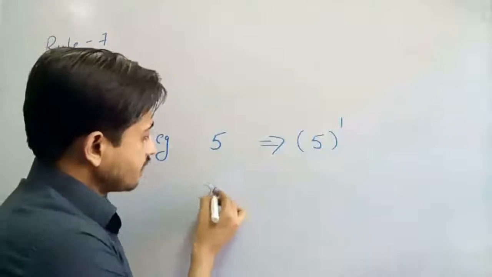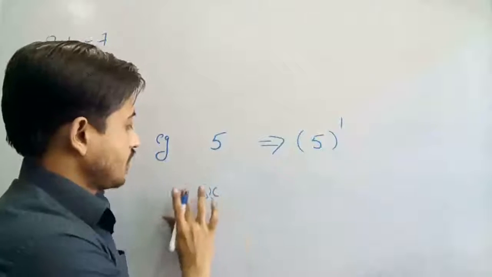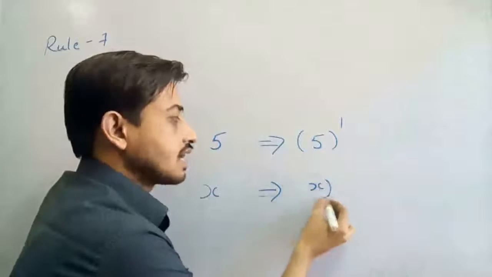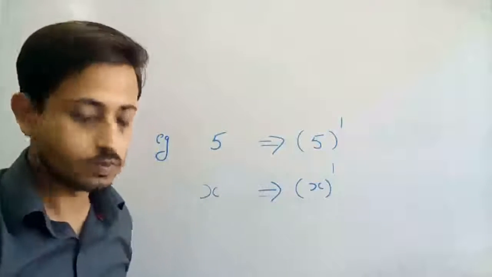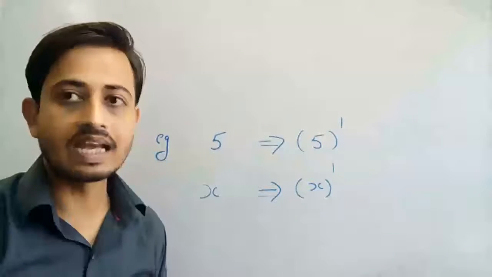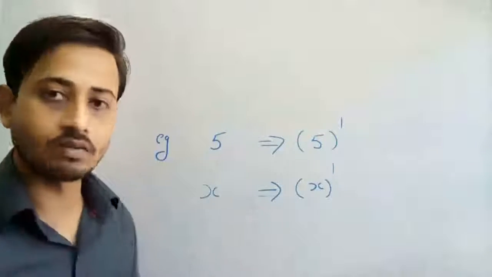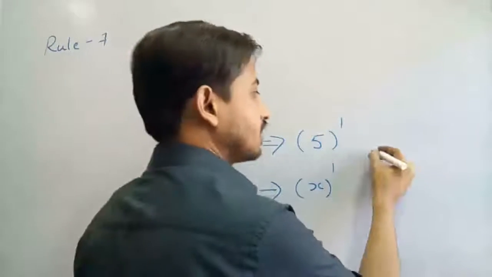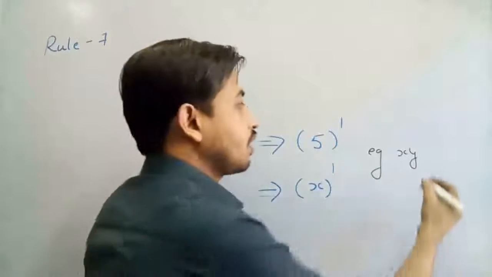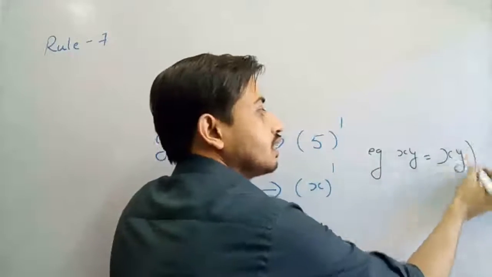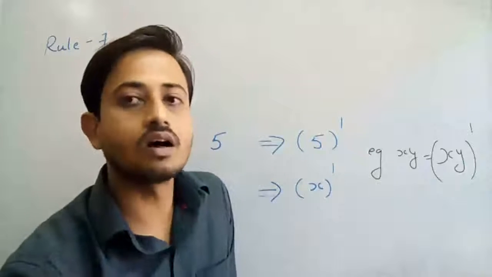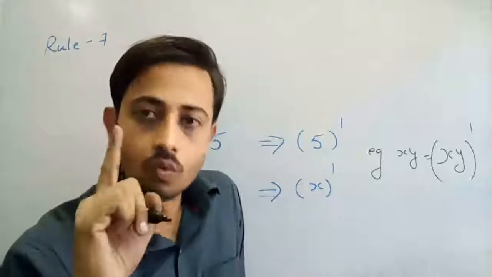Same way, if x has no power, it means x comes one time, because in this chapter we have to deal with exponent and power. So try to make every term in terms of exponent and power. For example, I am taking another example. If xy is a term, I can write it as xy raised to the power 1. So if no power is specified for the exponent, you have to take it as 1.